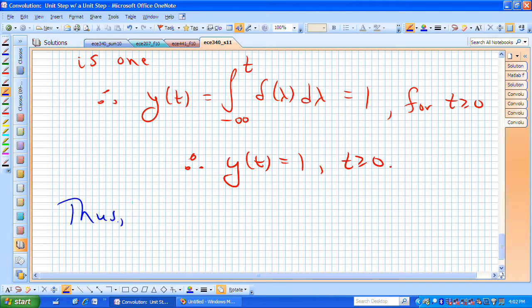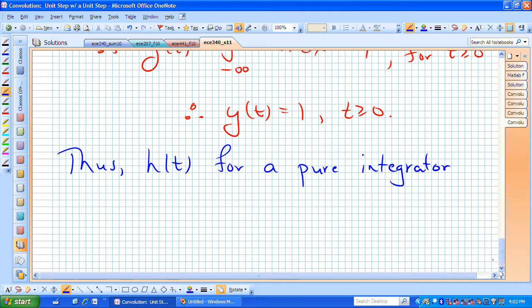Now we can see that the impulse response, or h of t, for a pure integrator, if our system is just an integrator and we apply an impulse waveform to that integrator, is simply going to be 1 when the time, or the independent variable, is non-negative, and it will be 0 when it's negative.